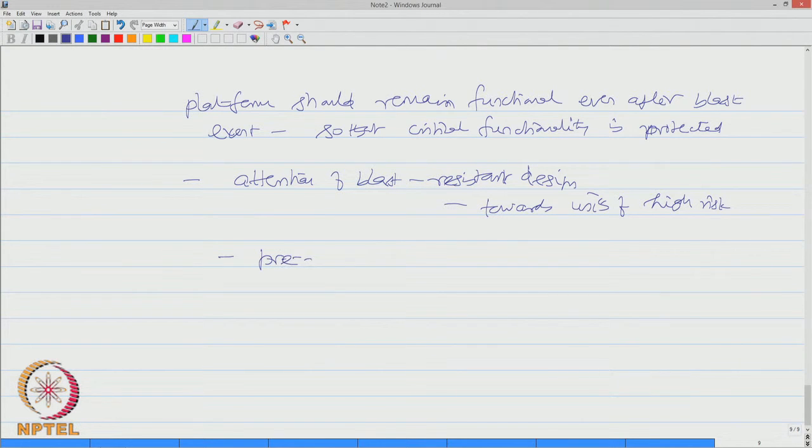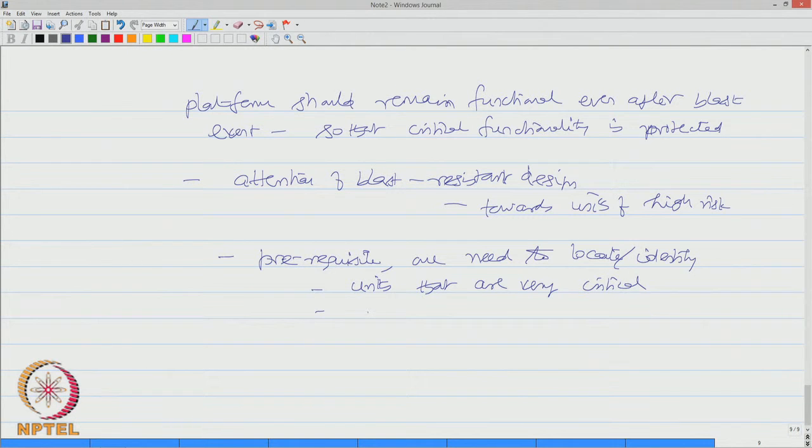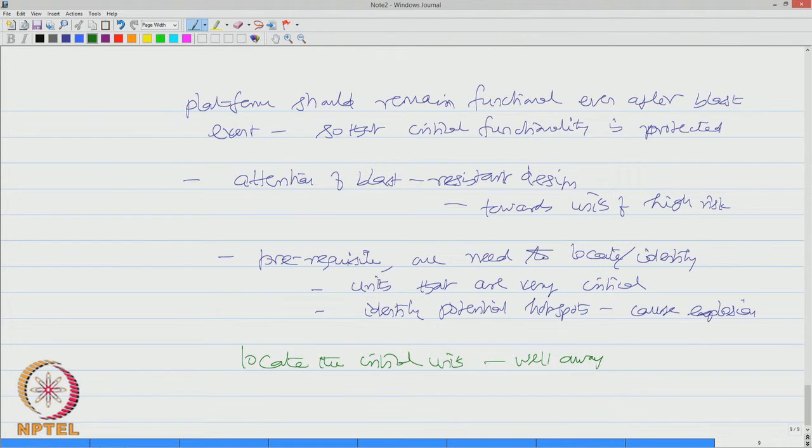So, as a prerequisite, one needs to identify units that are very critical, as well as identify potential hotspots which can cause explosion, and therefore, locate the critical units well away in terms of distance from the hotspots, because as you know, distance plays a very important role in blast resistant design.